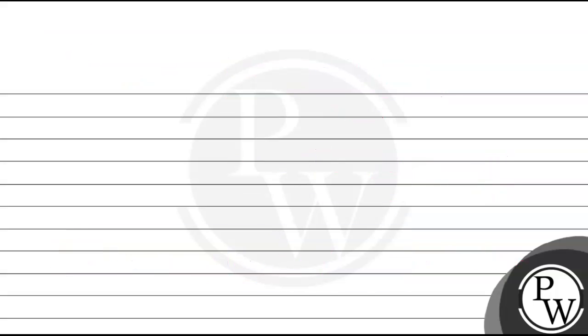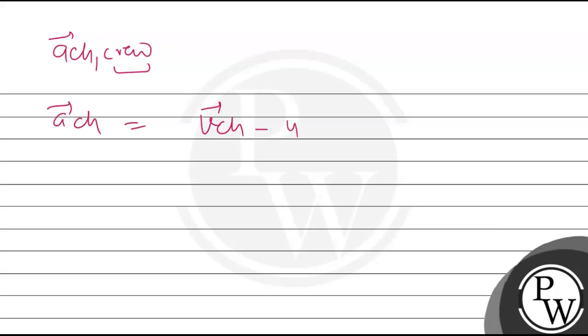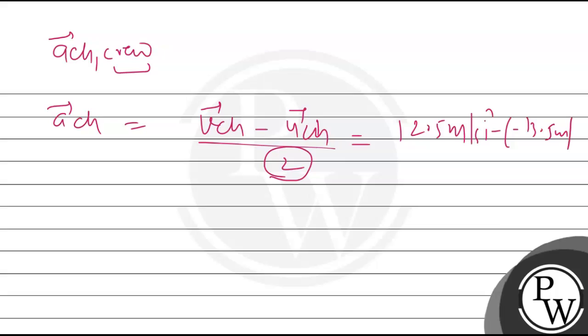Now let us calculate the acceleration of the cheetah with respect to the crew member. As the crew is at rest, we can simply write the acceleration of the cheetah as the final velocity of the cheetah minus the initial velocity of the cheetah upon 2. This 2 is the time taken by the cheetah to take the turn. It can be written as 12.5 meter per second i cap minus minus 13.9 meter per second i cap, upon 2.